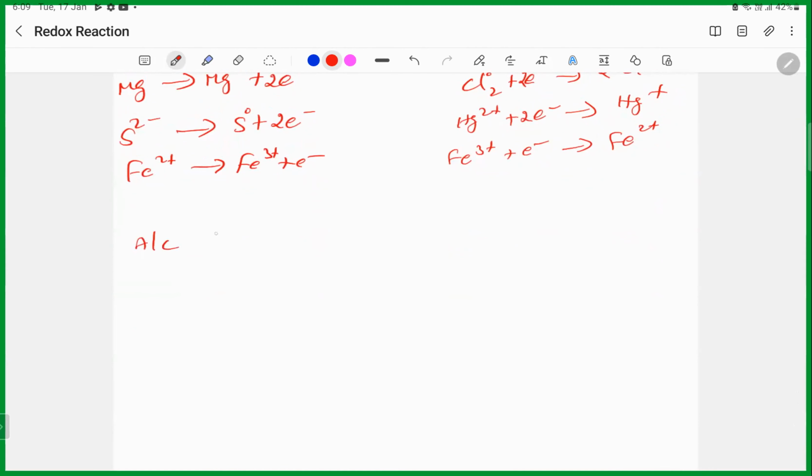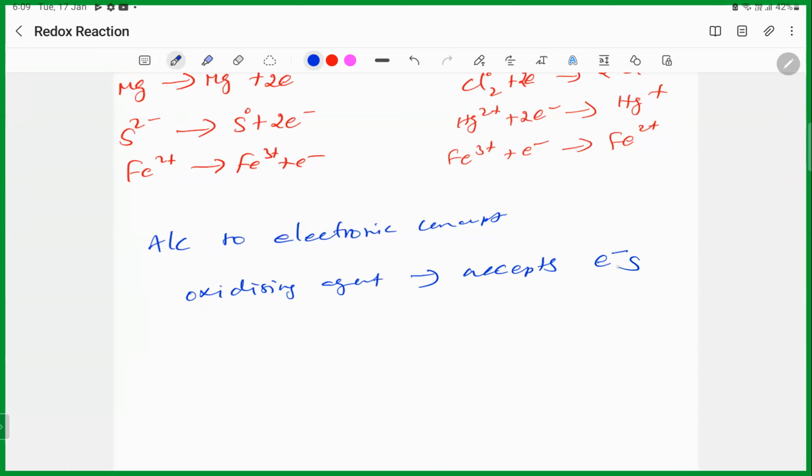So during the redox reaction, the oxidizing agent accepts electrons and the reducing agent loses electrons.